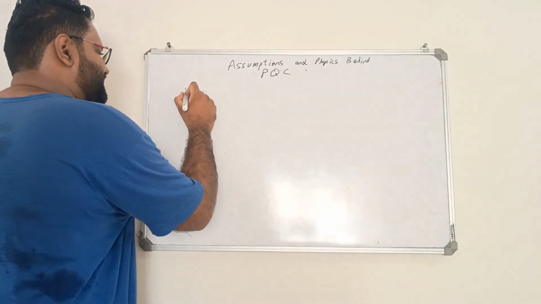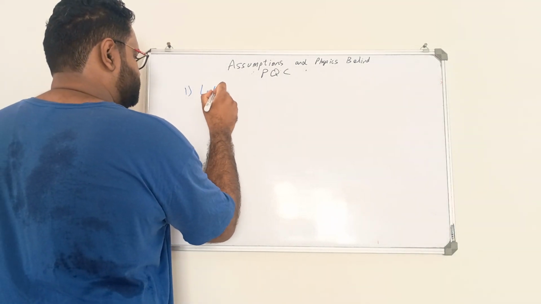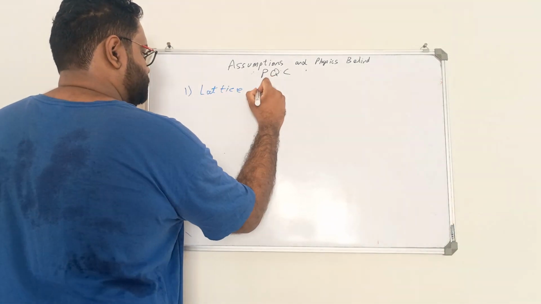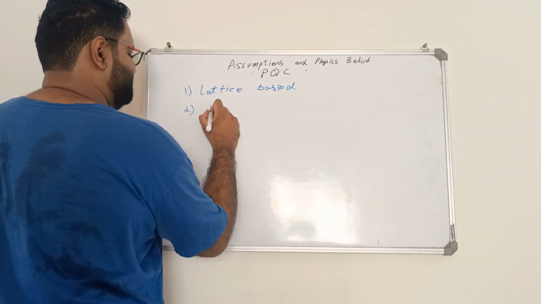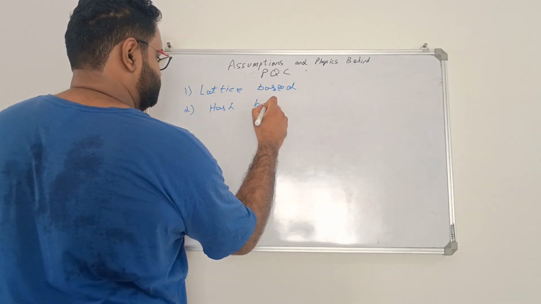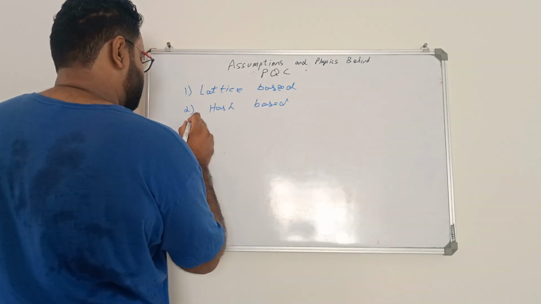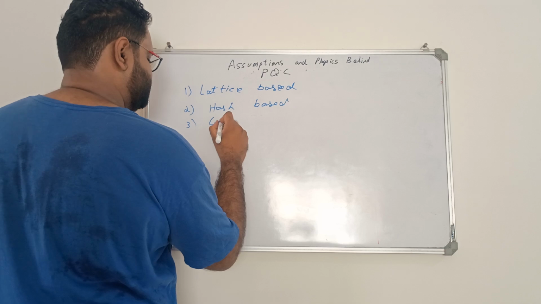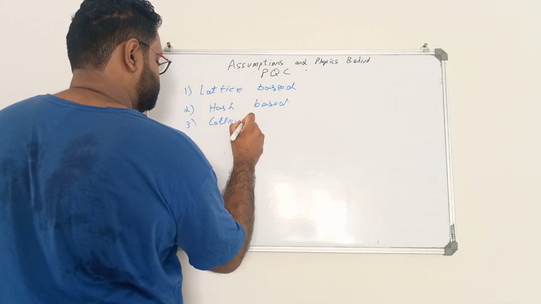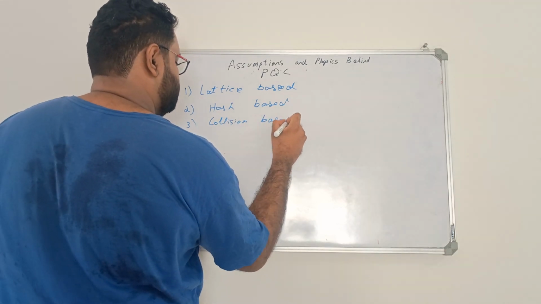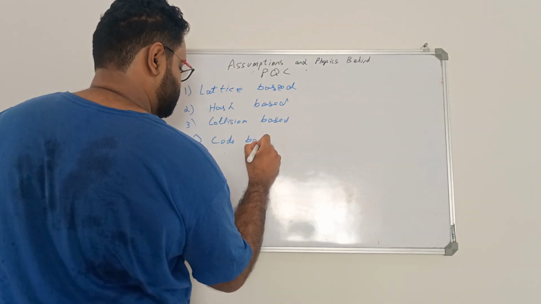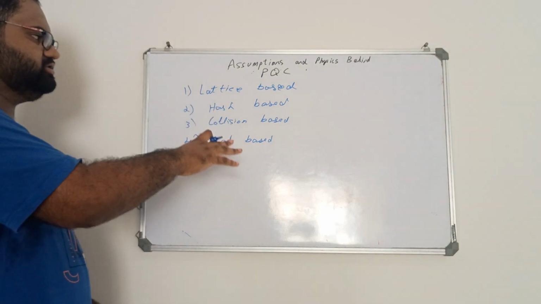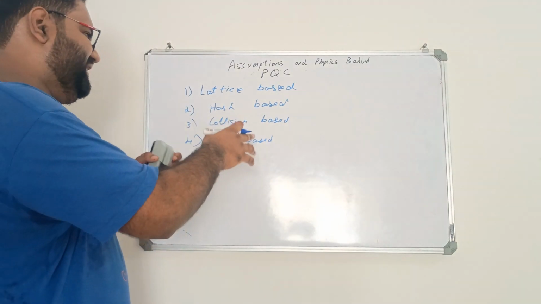So one is lattice-based cryptography. Second one is hash-based. Third one is collision-based, and the fourth one is code-based. So these are all the existing algorithms that we can implement in order to mitigate this effort.